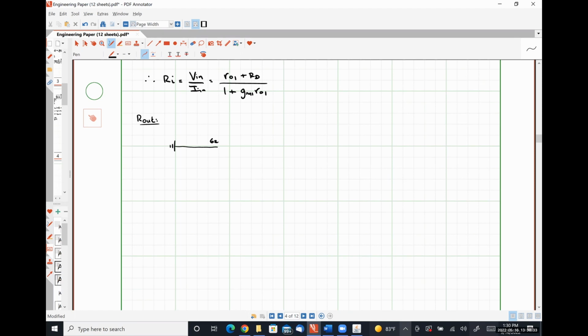So this is G2. Here's VGS2. Here is that source resistance RS. Here is GM2 VGS2.